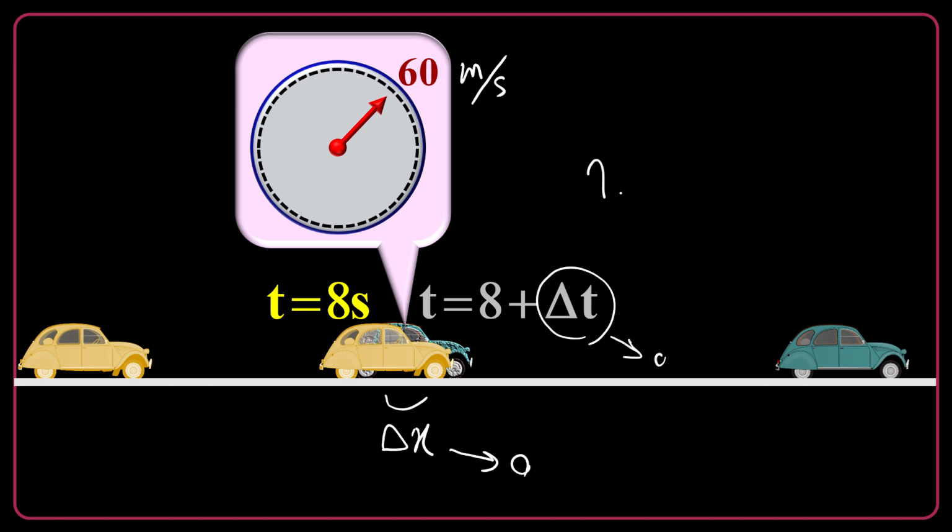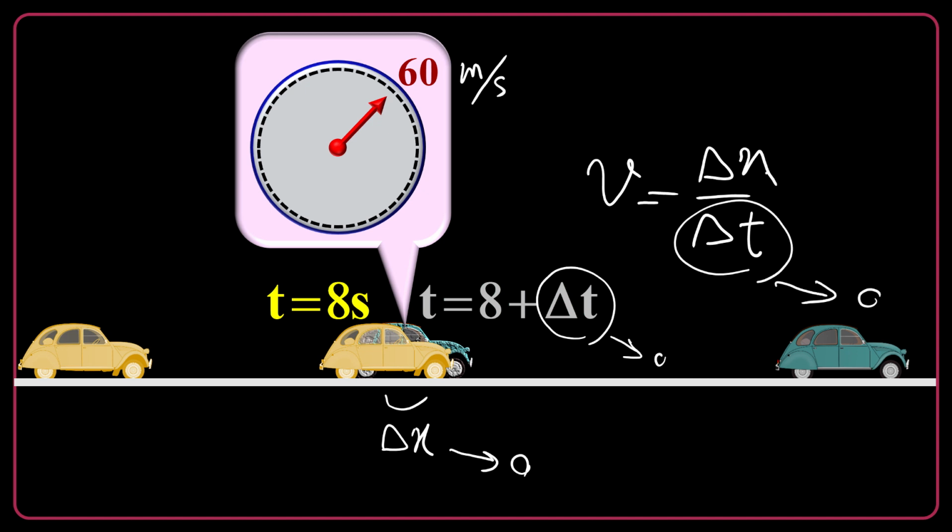So it takes the ratio of delta x over delta t again, in which delta t is tending to 0, delta x also approaches 0, and so this ratio is something you read on the speedometer, which is 60 meters per second. This is the concept of instantaneous speed.